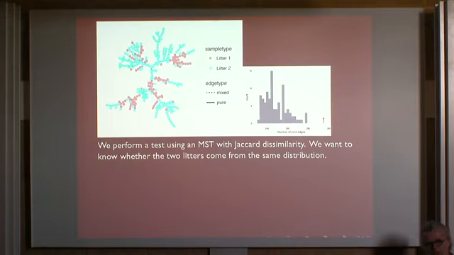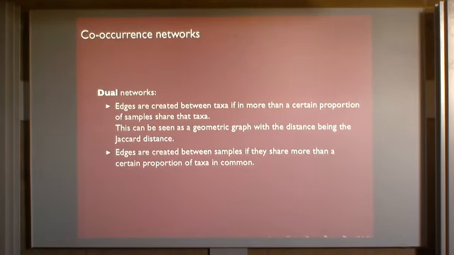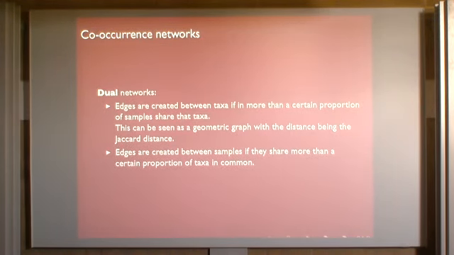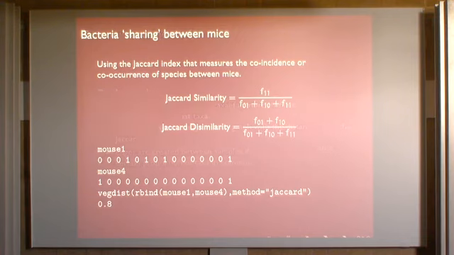You have a graph, and you have a covariate which is categorical, and you want to know, is there any structure? This can also be done, we do it for the co-occurrence networks, and so we have these dual networks, which are either edges between taxa, if more than a certain proportion of samples share that taxa, or edges between samples if they share more than a certain proportion of the taxa in common. We could do both, and we can look at that.